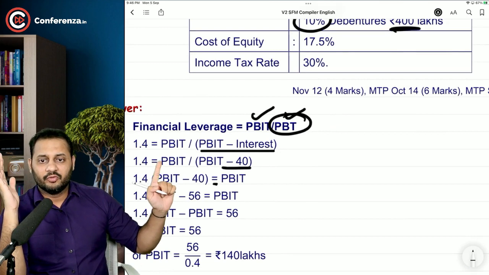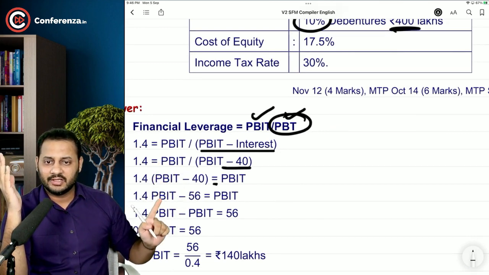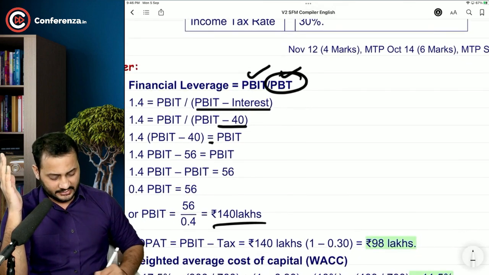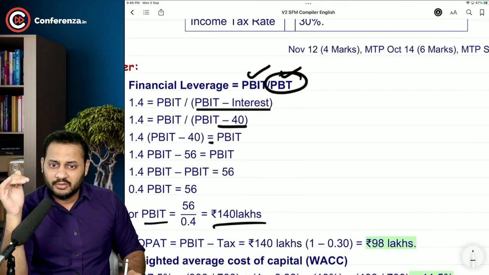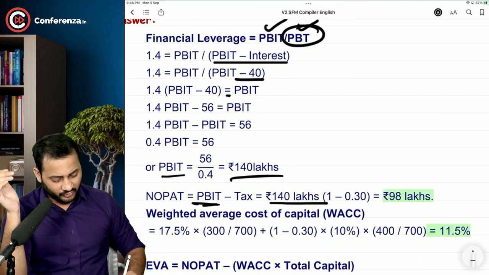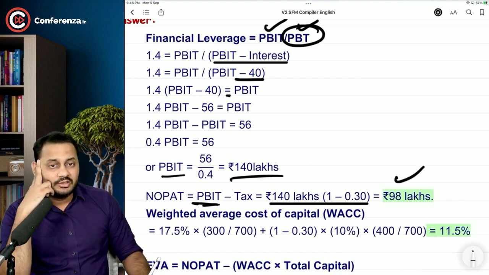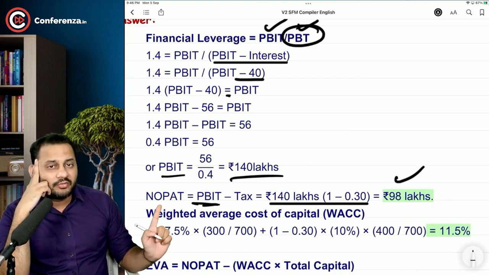So 1.4 is equal to PBIT by PBIT minus 40. Now you can solve this entire equation and you will reach at the PBIT as 140 lakhs. That's it. PBIT is equal to 140 lakhs, and when you deduct the tax out of it, 140 into 1 minus 0.30, this is the EBIT, not net operating profit after tax.